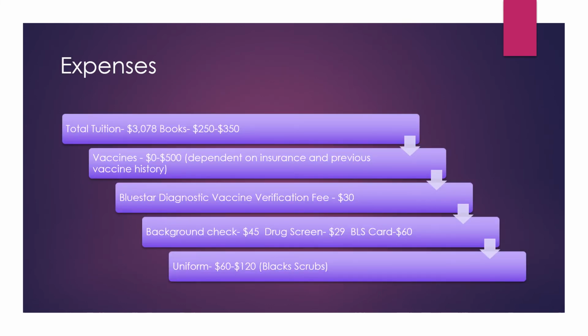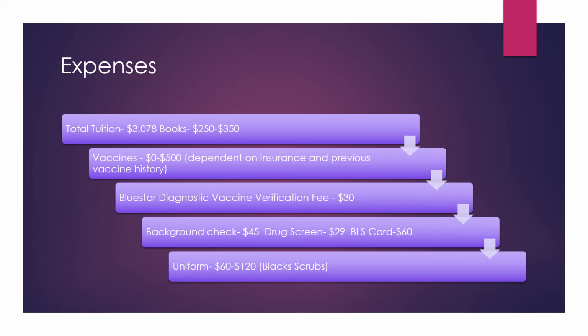I'm just breaking down some of the expenses that are here. There might be, give or take, a few more expenses. Your total tuition is running right around $3,078. Your books will range between $250 to $350.